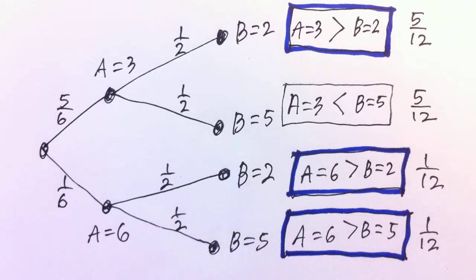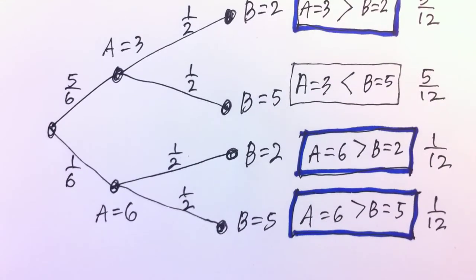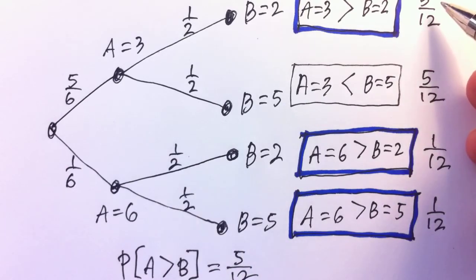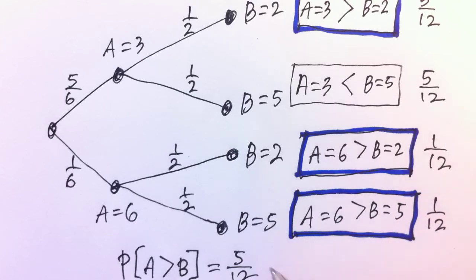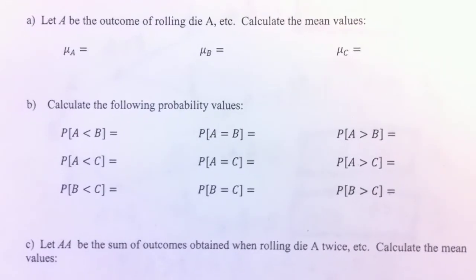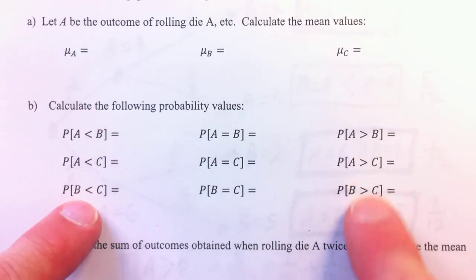All but one of those joint outcomes is the situation where A is greater than B. Therefore, the probability that A is greater than B is equal to 5/12, the probability of this outcome, plus 1/12 plus 1/12. 7/12. All right? And you were asked to do this for all the essentially 6 possibilities.